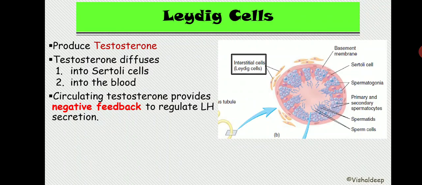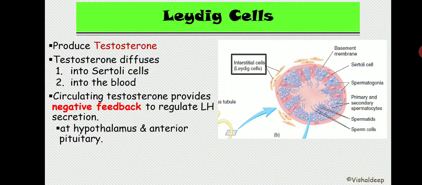In order to give negative feedback to FSH, the Sertoli cell will make inhibin B. Yes, there is another hormone, a peptide hormone basically. The Sertoli cell will make inhibin B, and that inhibin B will give negative feedback inhibition to the anterior pituitary to secrete FSH, which we discuss in our subsequent slide. So that negative feedback works over the hypothalamus and over the anterior pituitary.